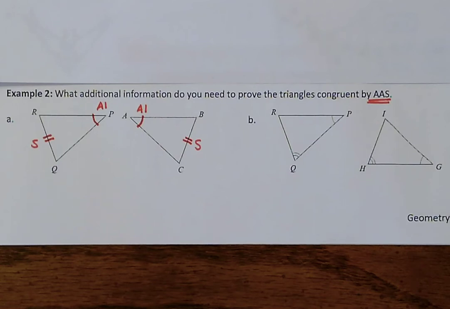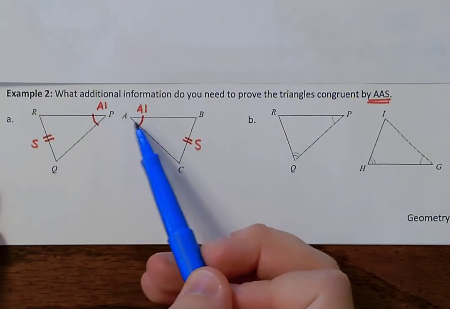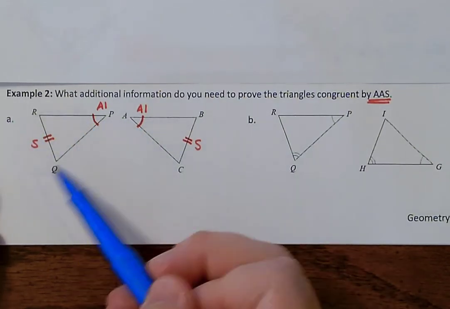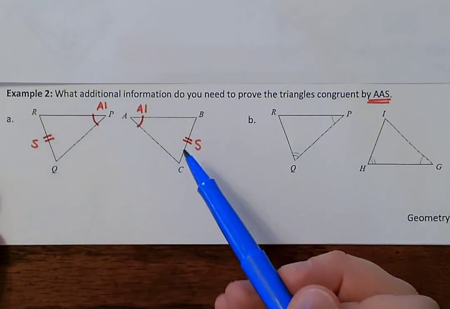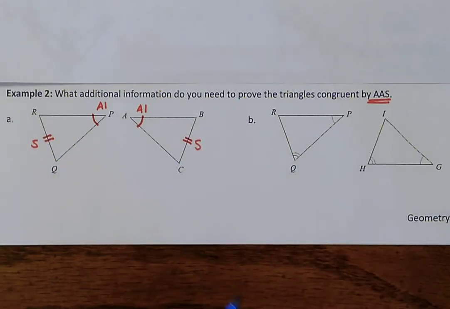Now, when you are going through and choosing your angle, you just have to be careful that you do not include the side. Because angle P and angle A aren't at all involved with this side length, whichever angle I choose is not going to be an issue.